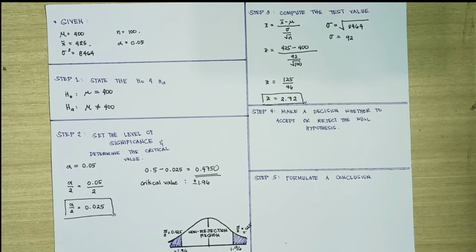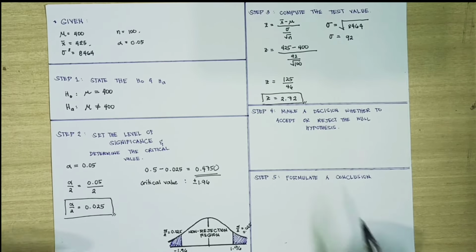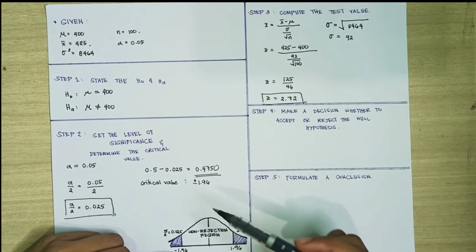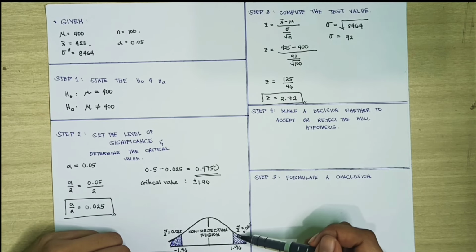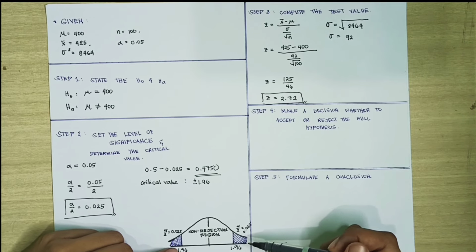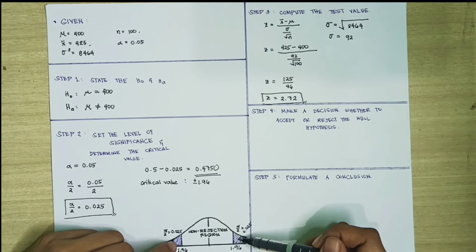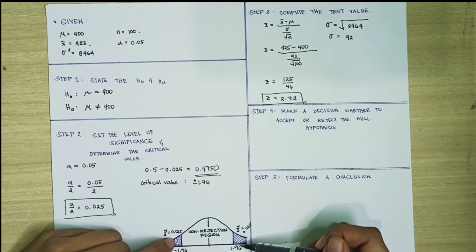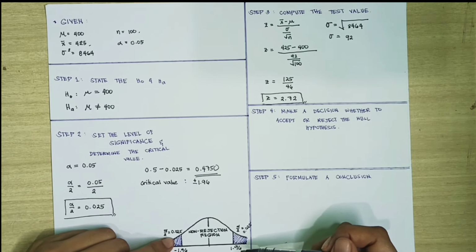Sa step 4, you will decide whether to accept or to reject the null hypothesis. Okay, so kailan ba natin i-accept, kailan ba natin i-reject yung null hypothesis? So, dito sa ating curve, okay, so itong right tail and left tail na to, itong shaded part na to, since two-tailed tayo, this is the rejection region. Okay, so once na nag-fall dito sa rejection region, yung inyong test value, ibig sabihin, you need to reject the hypothesis, the null hypothesis.